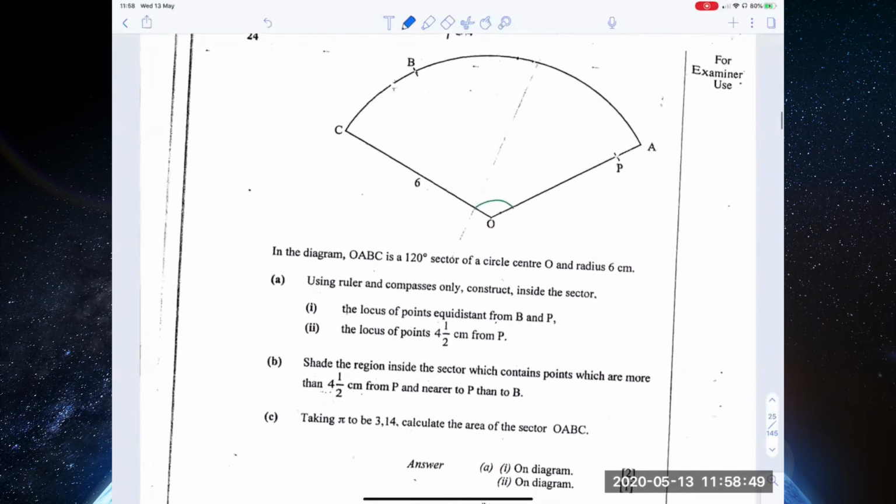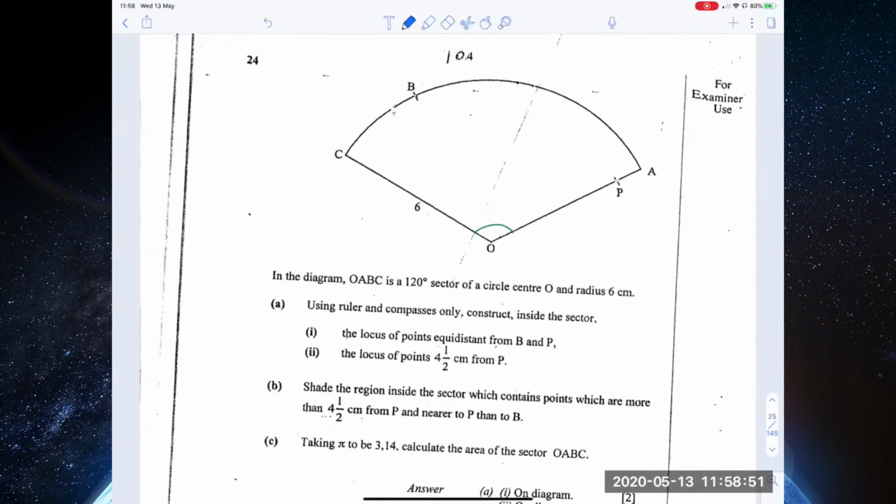Then this one. In the diagram, OABC is a 120 degree sector of a circle, center O, and radius 6.